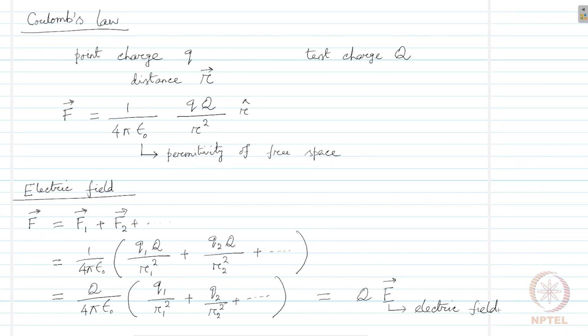That means, if we bring a test charge Q in this region, it will experience an electric field, and due to that electric field, the force on it would be the amount of charge times the electric field.